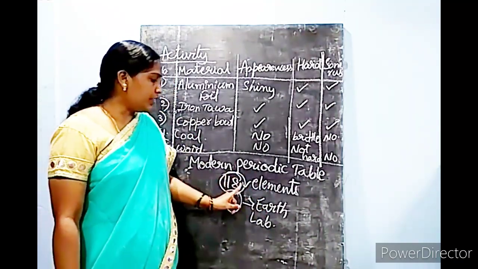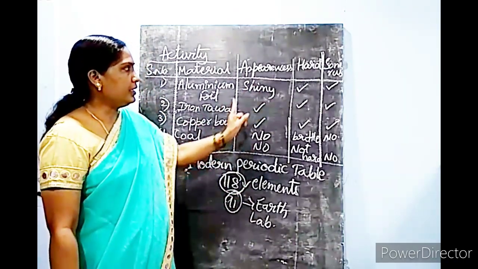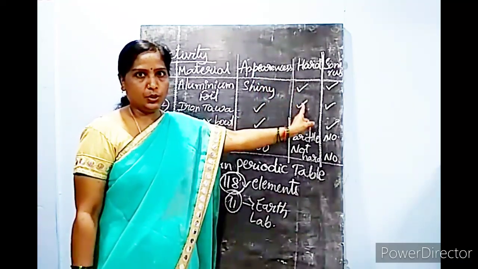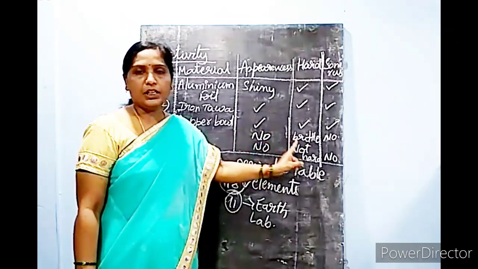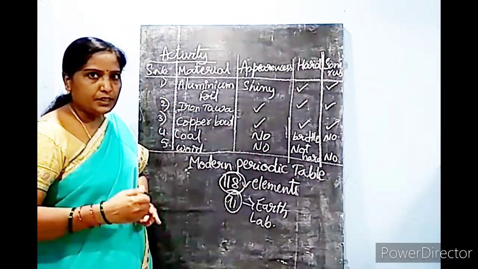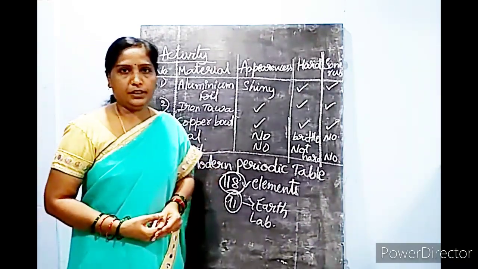In this periodic table, some materials show the shiny property, hardness and sonorous properties. Some elements do not show these properties. So based on their properties, they are divided into three groups in the modern periodic table.